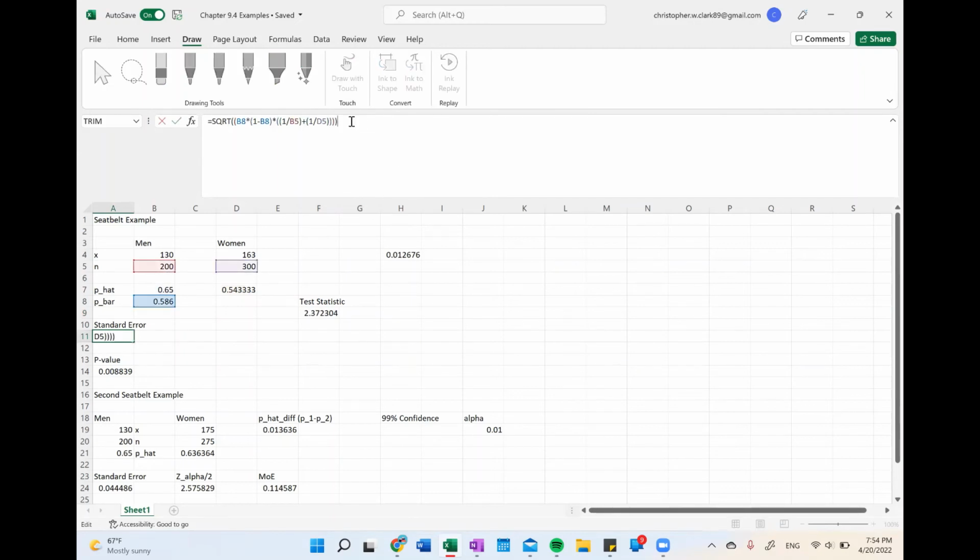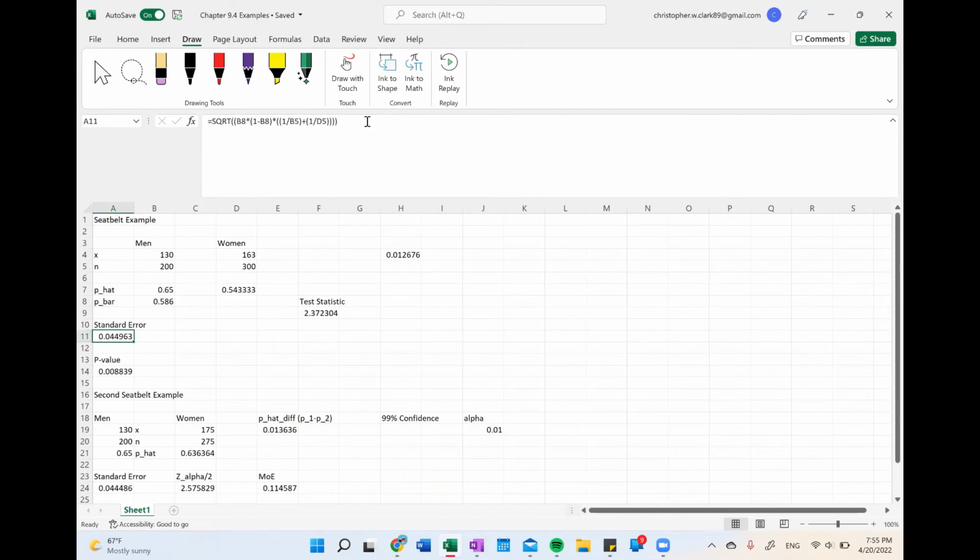This is definitely a bit tough, but this is our P bar. Excuse me, I skipped a step. Let's jump over here to P bar. So now that we have our P bar right here, we're going to calculate the standard error.